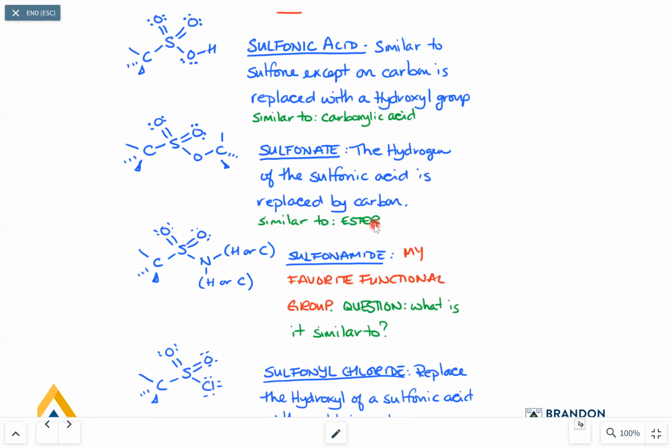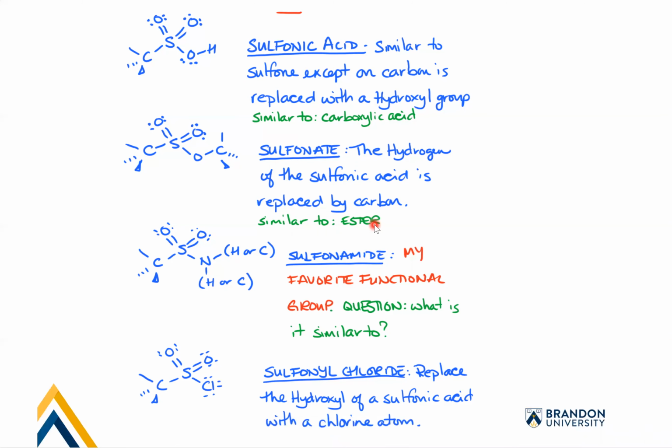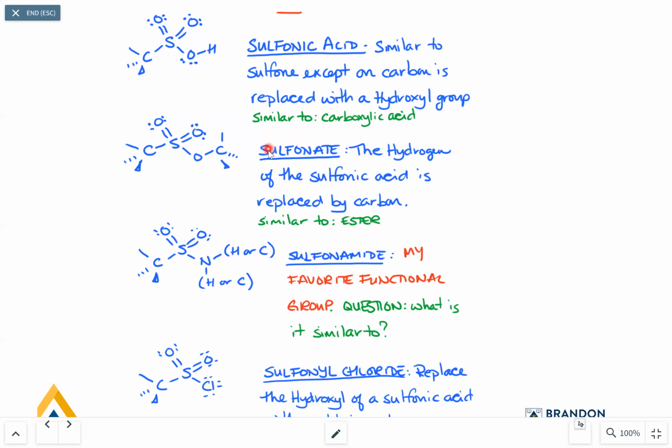So if you're ever looking at a bottle and the ingredients and it's got an -ate on it, that means that compound's an ester. So they just put the sulfone part at the start, so sulfonate. Sulfonic acids are really powerful organic acids. Sulfonates are used for a number of different things.